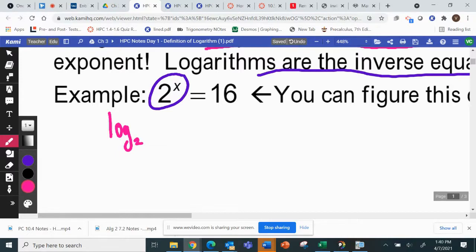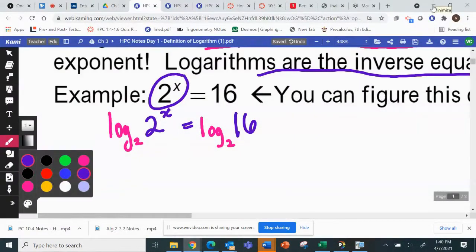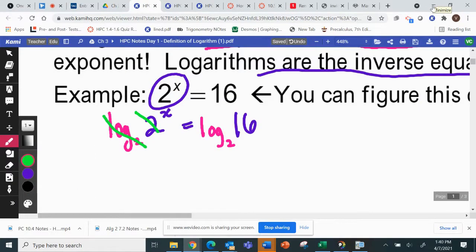Log base 2 will cancel out the 2 of 2 to the x because they're inverses. If I do it to one side of the equation, I have to do the exact same thing to the other side of the equation. We're going to worry later about why this becomes x. But the log base 2 and a base of 2 are inverses and they cancel each other out.